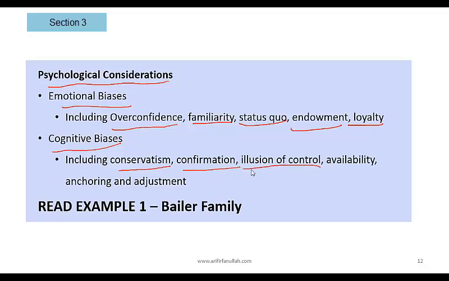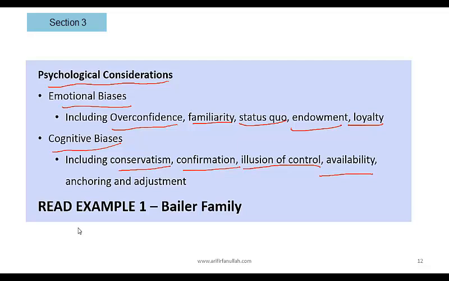Illusion of control falls perfectly into executives or employees or even traders who think they can drive markets. And then we discussed that markets are so complex that no matter how big you are in terms of being a trader or a market player, you can't be that big a market participant to drive markets. We discussed availability: there were 50 names, 20 were famous men, 30 were not very famous women, and people could only recall the names of the men because they were all Hollywood actors.